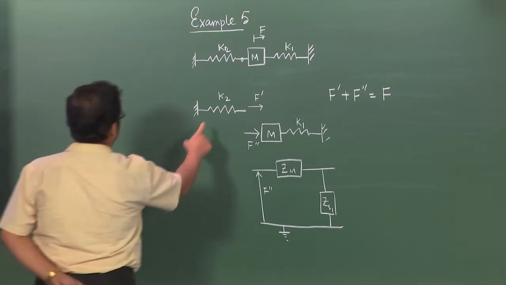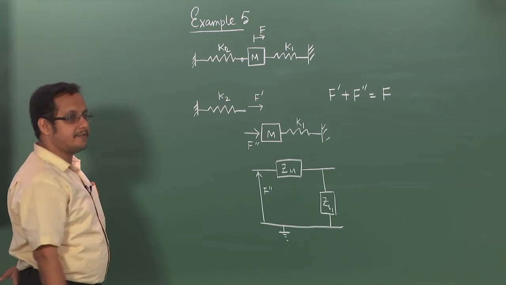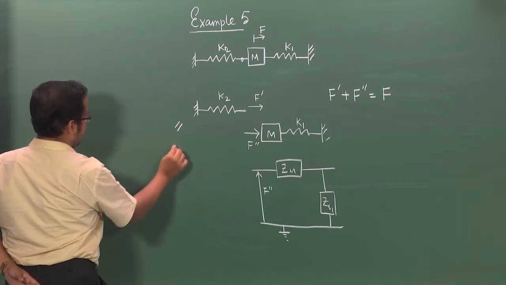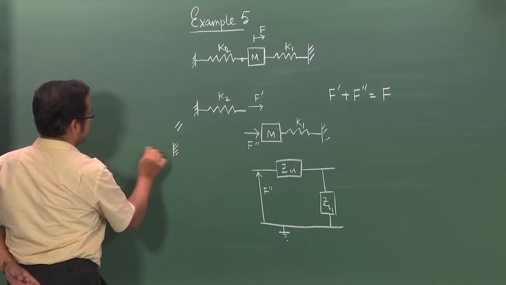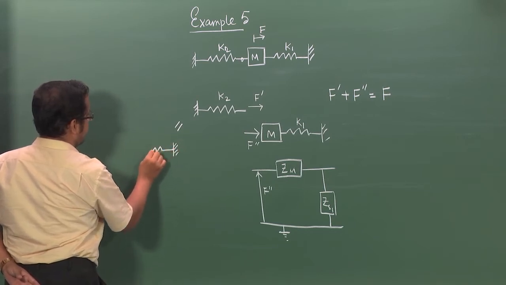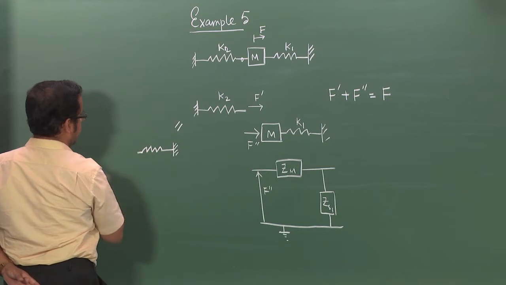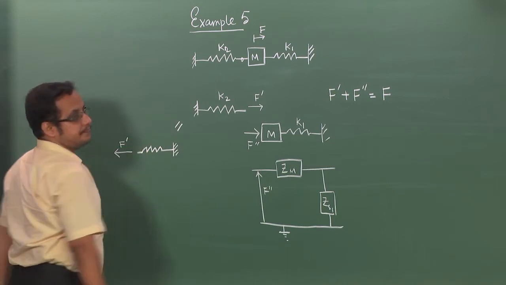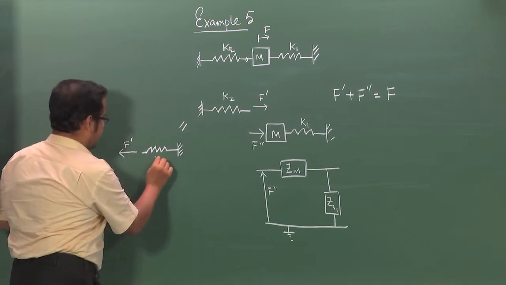Now, consider the system on the left. This system on the left is also the same as this system. I am just reflecting this system, and that would result in this situation, just a mere reflection.